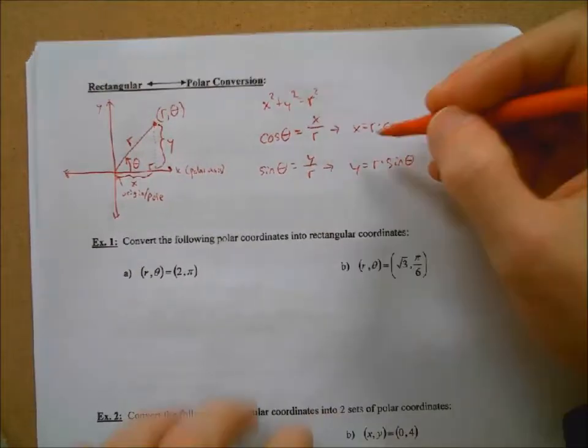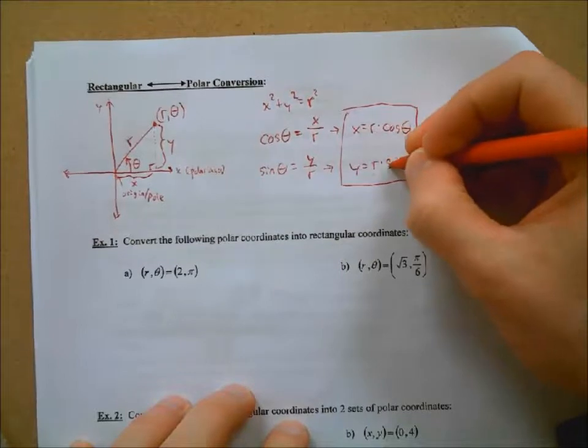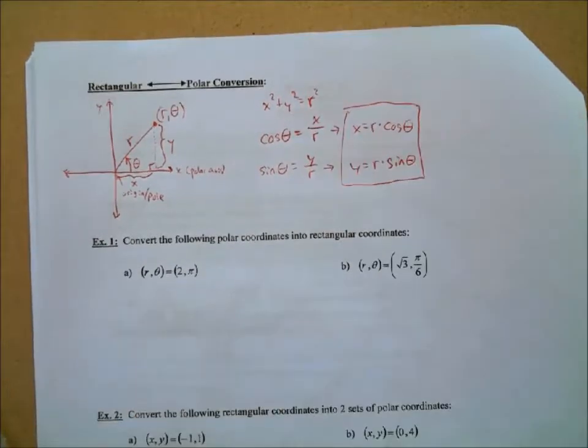This relationship right here is going to be super important for a lot of the work that we're going to be doing, so make sure you have that down. X equals r cosine theta, y equals r sine theta. Think about it alphabetically: x comes first, then y; cosine starts with a C, that comes first, then sine. They both have the r in front. So use that to help you.